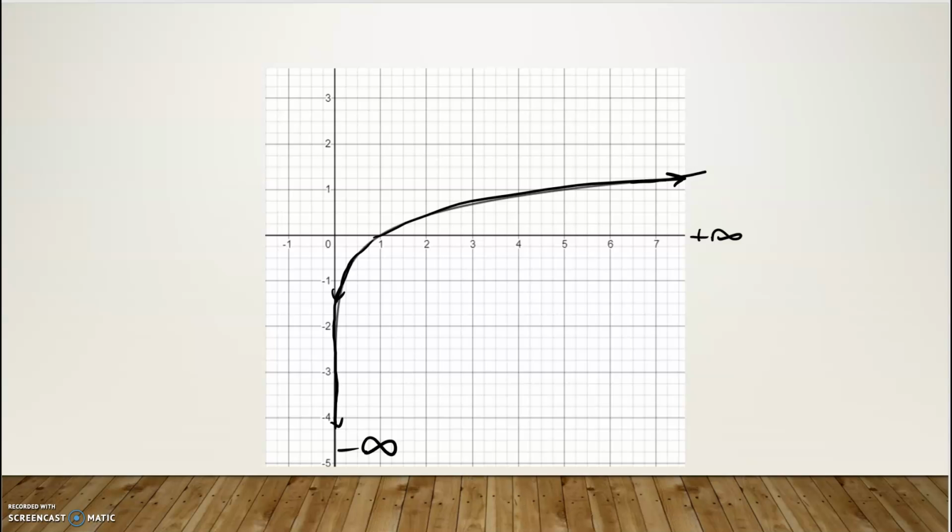And it's going to keep going slightly up forever, so it keeps going up for your y values. And notice how it's getting really close to this line right here, but it's never touching it or crossing it. That is your vertical asymptote at x equals 0.